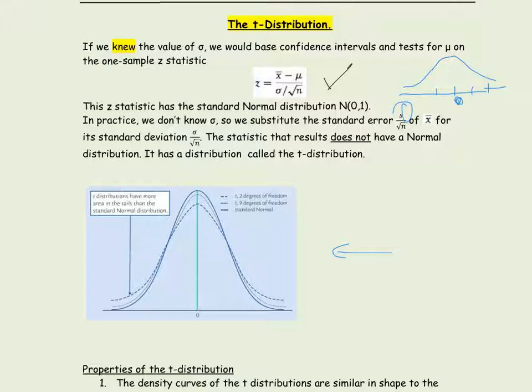Notice that the tails of the T9 distribution and the T2 distribution are thicker than the tails of the normal distribution, which is the standard normal distribution, in blue. So the t-distribution is slightly different than the standard normal distribution, and it depends on the sample size, which gives us the degrees of freedom. Degrees of freedom is 1 less than the sample size.